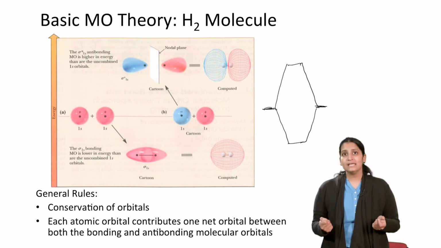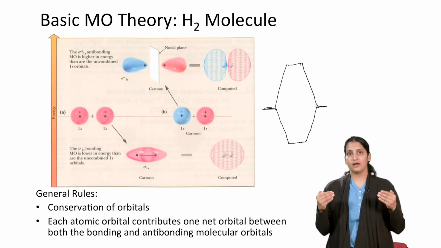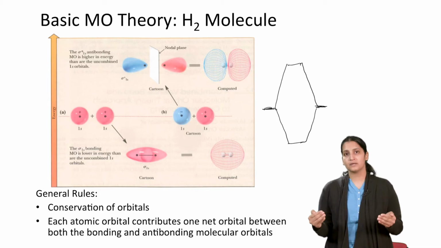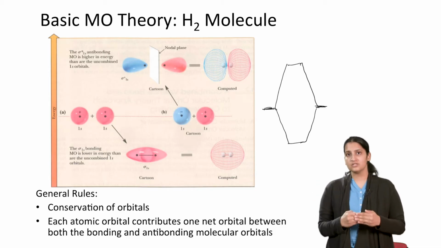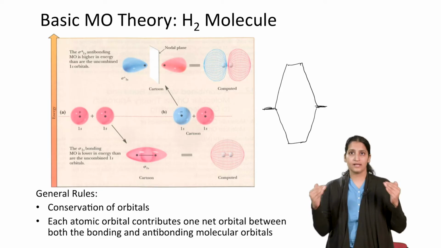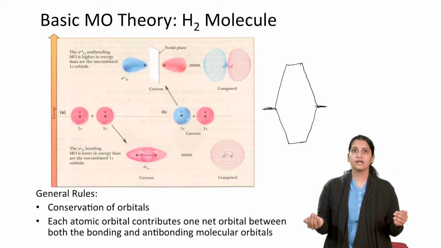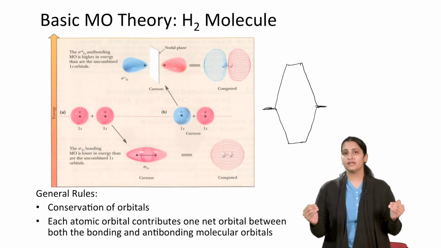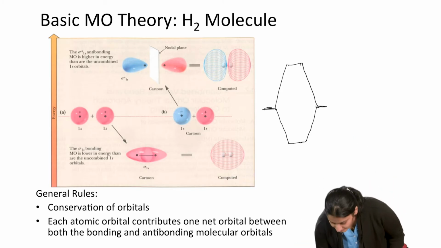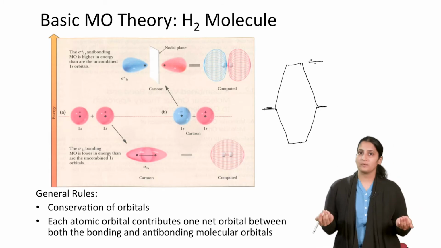You represent the addition of these two atomic orbitals such that it results in a constructive combination where the energy is lower than the energies of the corresponding atomic orbitals, or you can have a destructive addition where the energy is higher than the energy of the corresponding atomic orbitals.